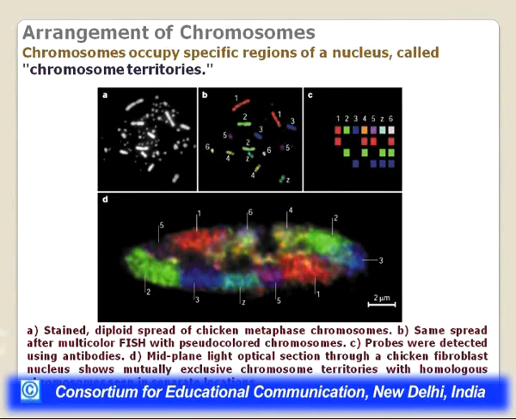Although the homologous chromosomes are at separate regions, they will together come and form a pair. When you see the probes detected in the mid-plane light micro-optical section through a chicken nucleus, it shows mutually exclusive chromosomal territories with homologous chromosomes seen in separate locations.